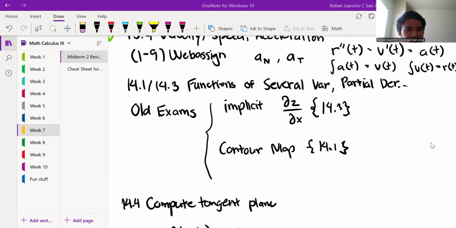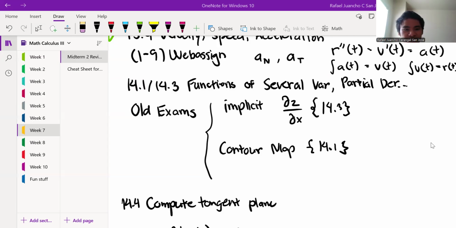Sketching the graph, I don't think they're gonna make us do that. Sketching the graph is more or less just me writing some equation in order to get it, right? Matching functions with a graph. Contour map.